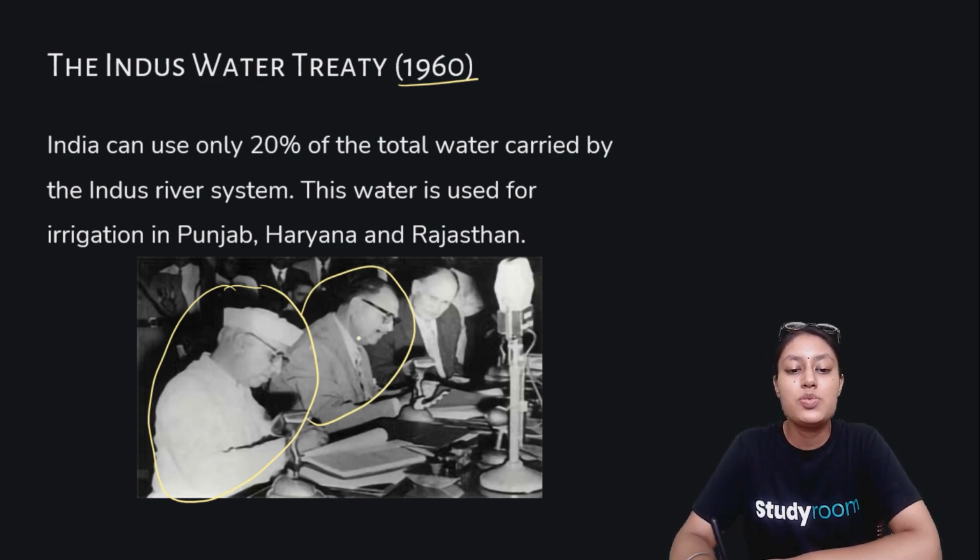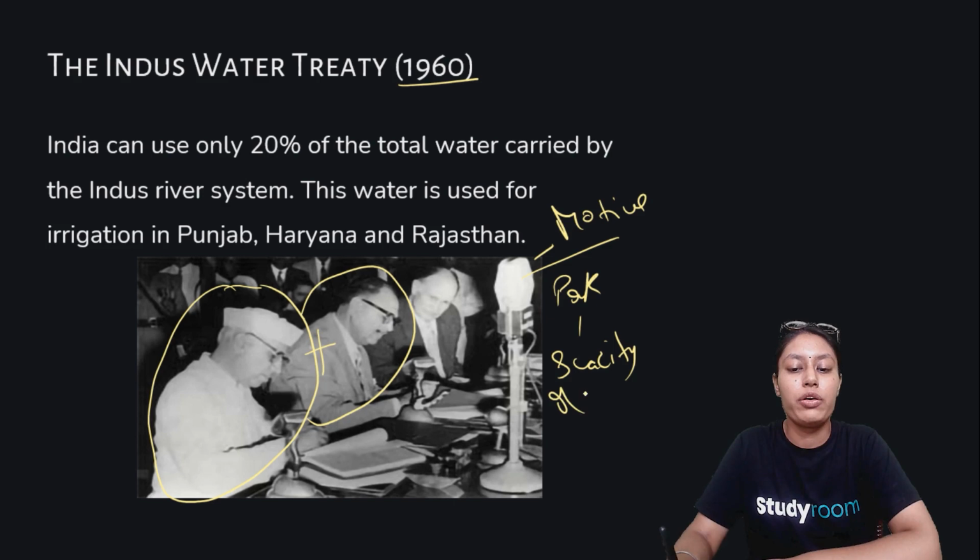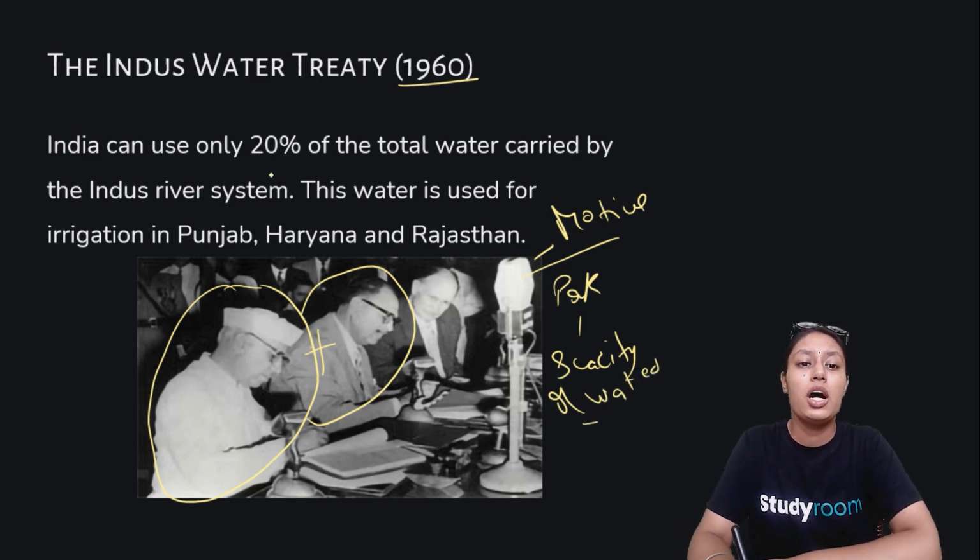The motive of this treaty was that Pakistan had a scarcity of water at that time. That is why the Indus Water Treaty was made.